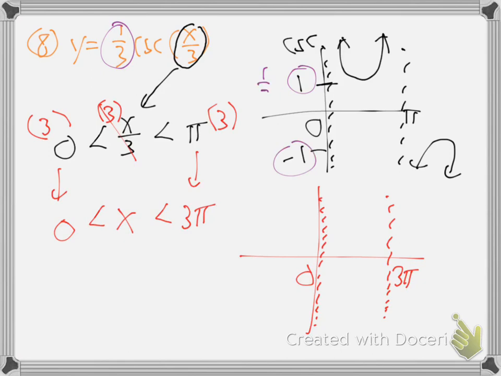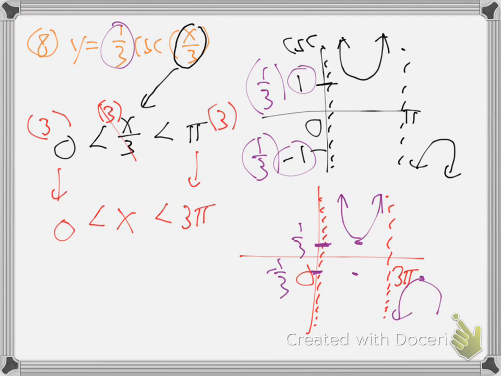So just times both those by 1/3. So now it'll be down here at 1/3 and a U shape going up. And here at -1/3, over here, U shape going down. Etc. Is that making sense?